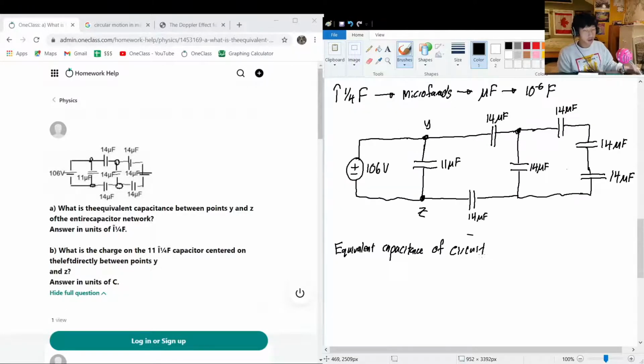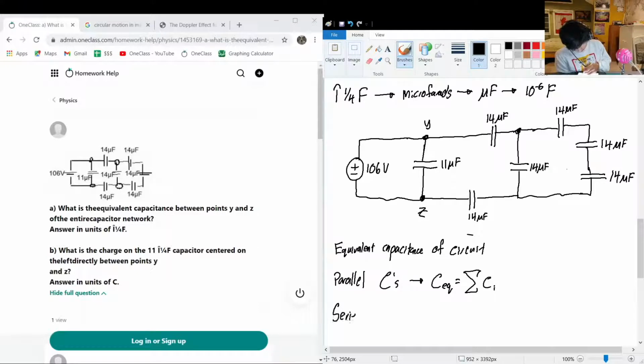Okay, so this is very similar to maybe what you've seen in the past with simplification of resistor networks, with one minor difference. In parallel, for parallel capacitors, CEQ is just the sum of the C components.